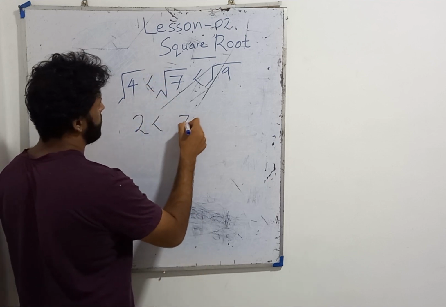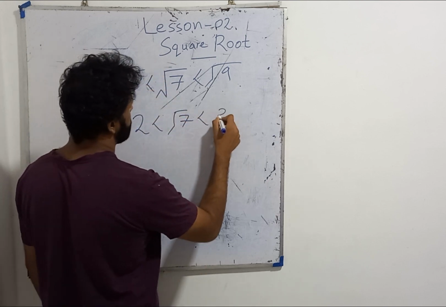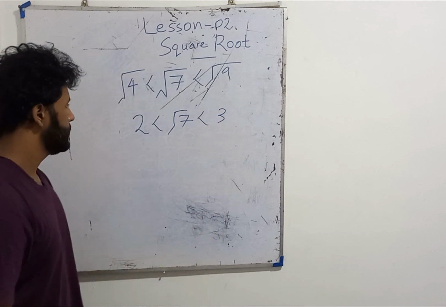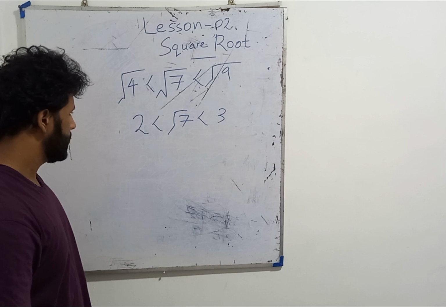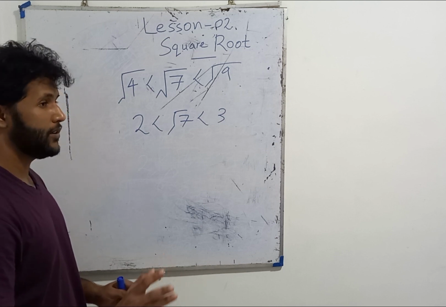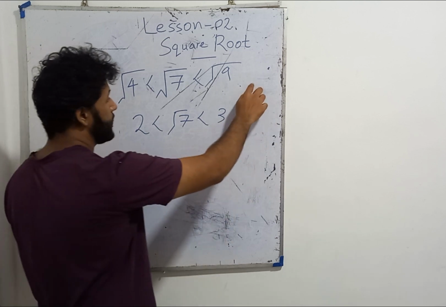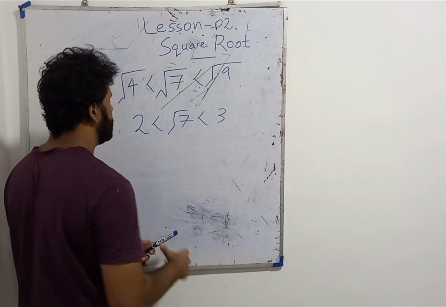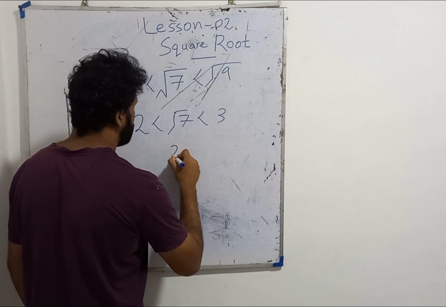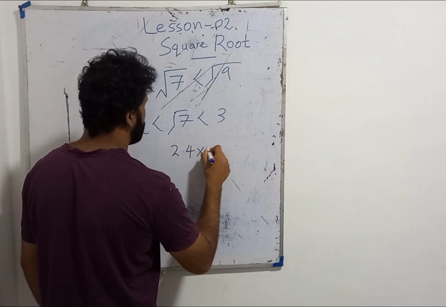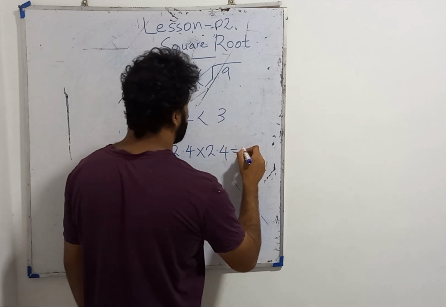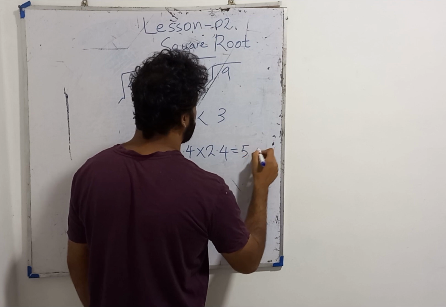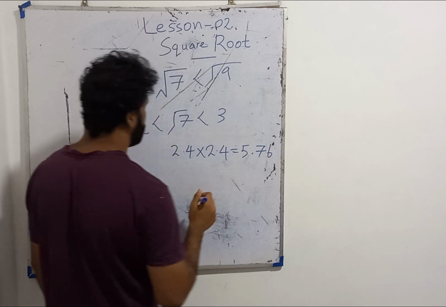Between 2 squared and 3 squared. Let's take from 2. Now the square root of 6, that was 2.4. Let's take from 2.4, right? 2.4 into 2.4, that's going to be 5.76, right? 5.76.